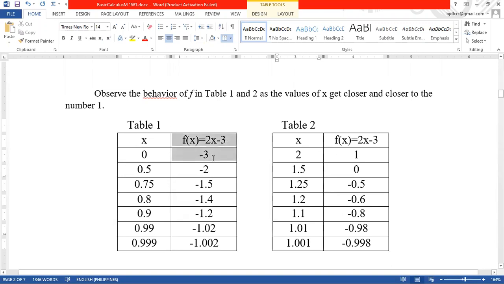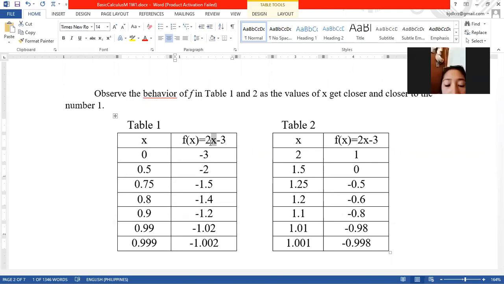So, as we observe sa behavior sa f, if we're going to substitute the value of 0 to the equation, 2 times 0 is 0 minus 3. So we have here negative 3. Next is 0.5. Substitute sa x. So 0.5 times 2 is 1.